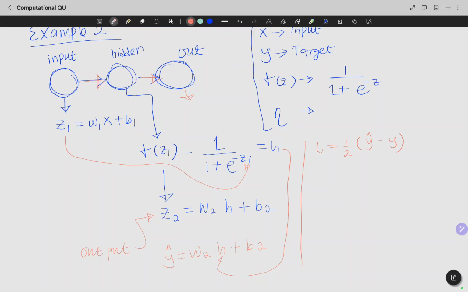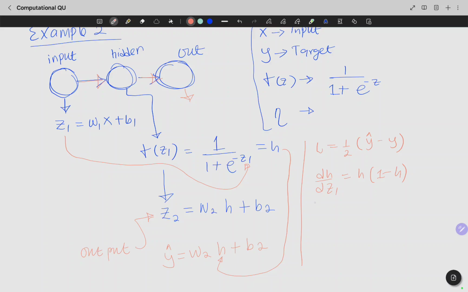Now we already know that. So what is dH by dZ1? Because we eventually will need it. This would give you H into 1 minus H. I don't want to make the video long, but you can get this.